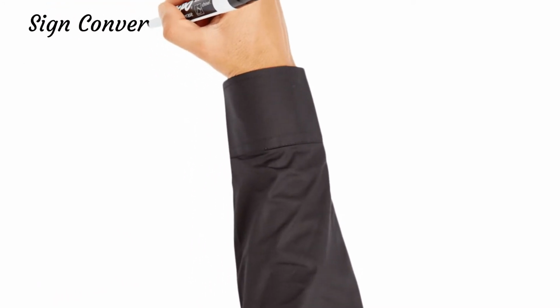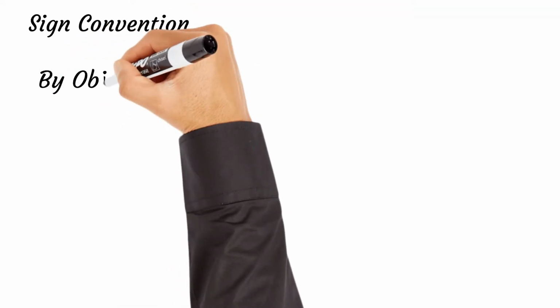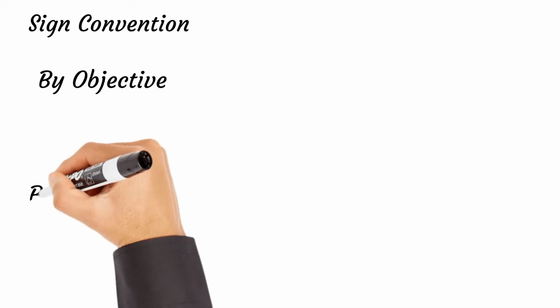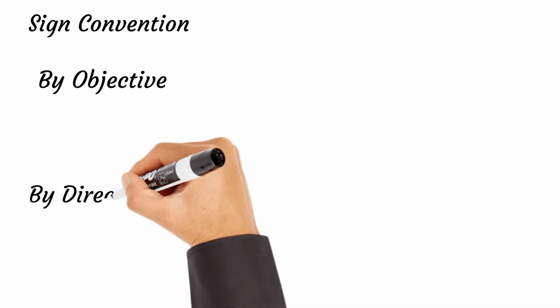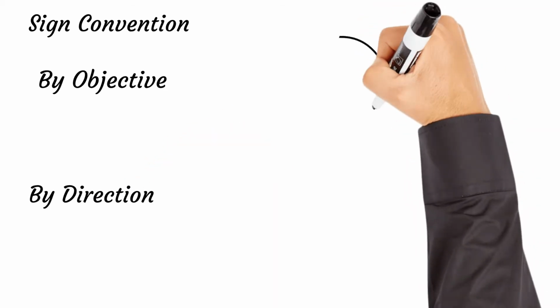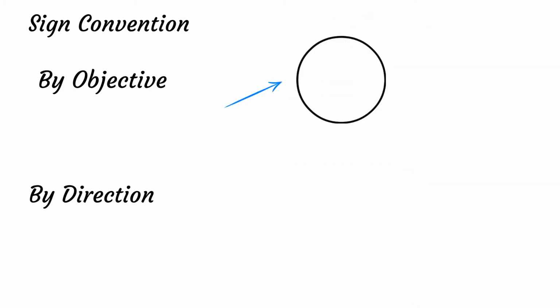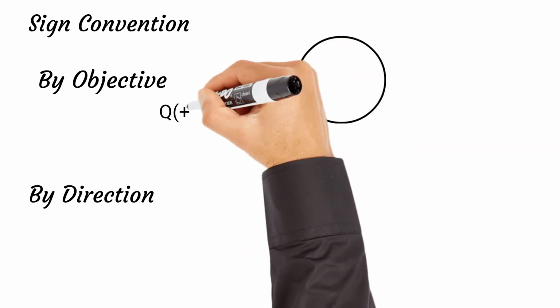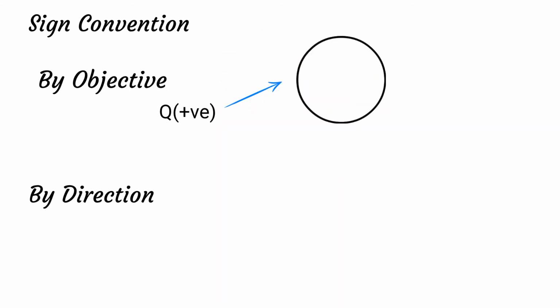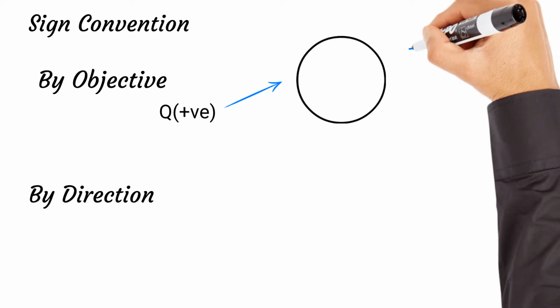Now, sign convention. We have two sign conventions, by objective and by direction. In this video we'll be using by objective for our calculation. Take note of that. So by objective, if Q is positive, it means heat is supplied to the system from the surrounding.